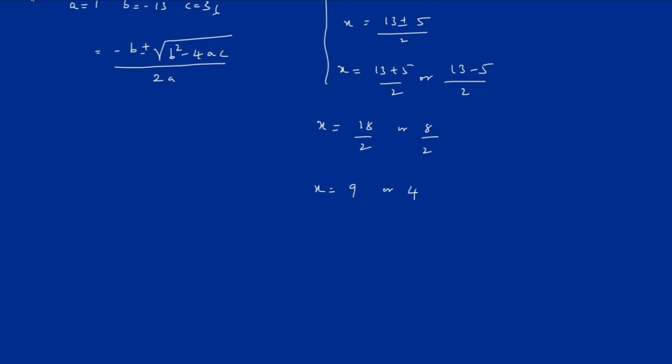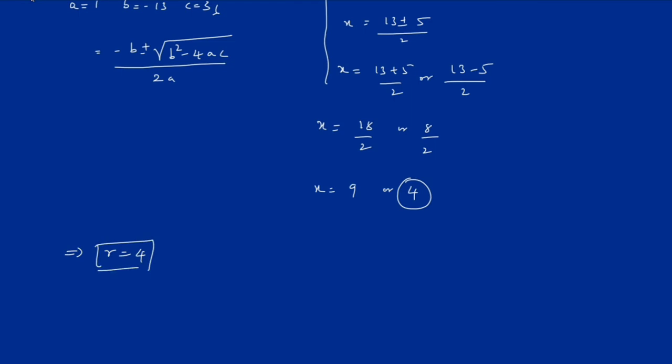So for 5PR, we cannot take more value. R value we cannot take more than 5, right? So the value of R is 4. So finally we can write R equals 4, because 9 is more than 5.